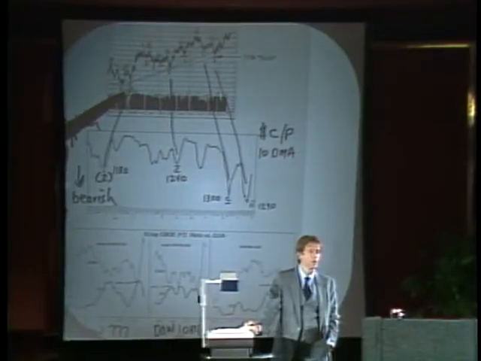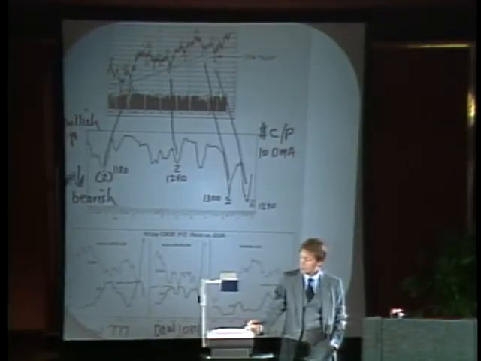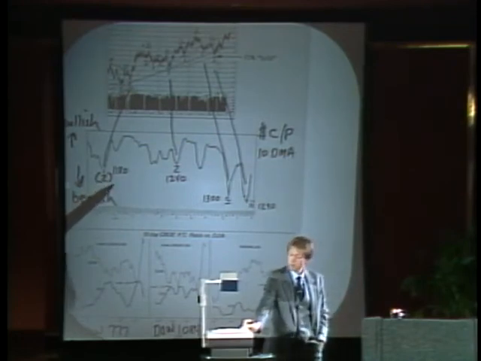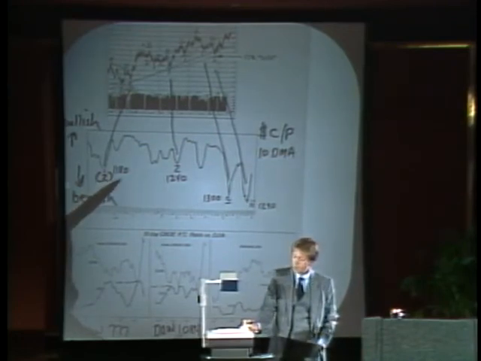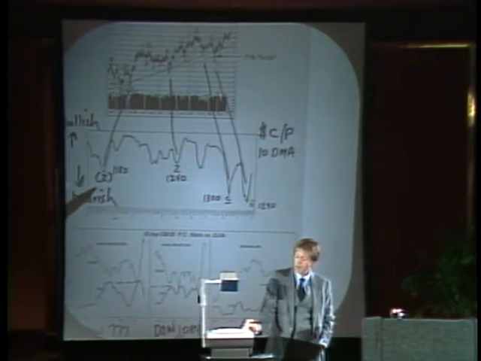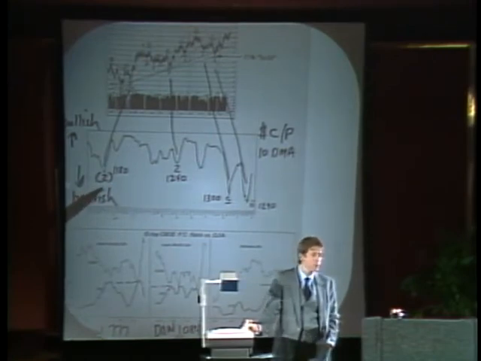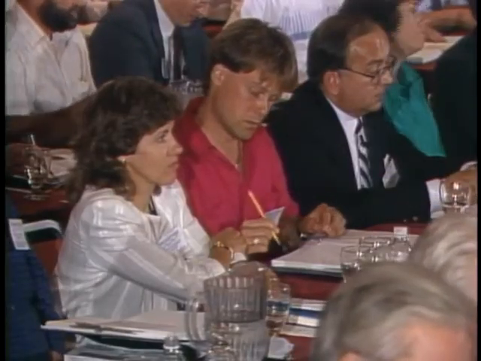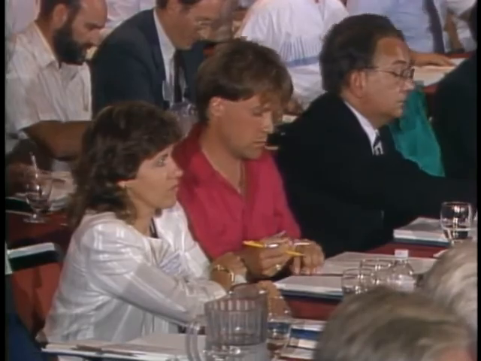At this low for intermediate wave 2, which occurred at Dow 1180, the market was approximately 100 points higher than it was in the summer of 1984 when primary wave 2 bottomed at Dow 1084. And the call-put ratio was at the lowest level that it had been since that time.